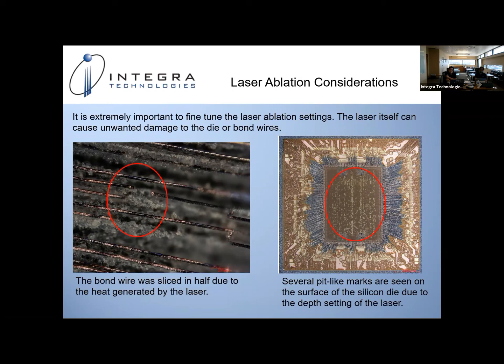That's one of the reasons why an X-ray before laser ablation is very important, making sure that we know the depth where the wire is. And if it's too much of a laser ablation, it also attacks the die surface. So not only the bonds are attacked, but the die is also attacked. You'll practically destroy the device. Next, please.